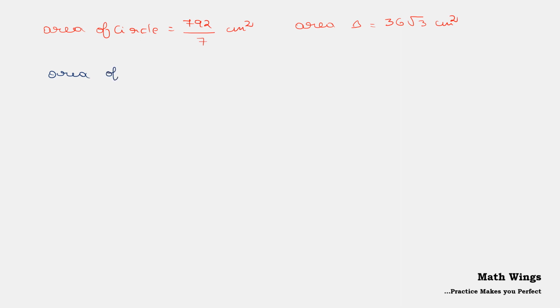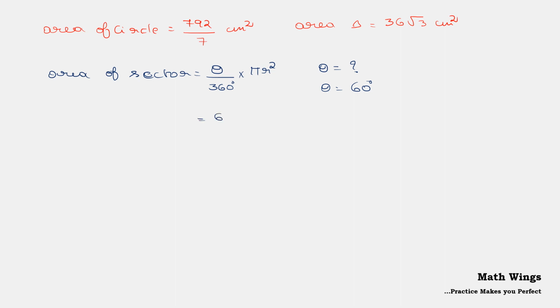So area of sector is equal to theta by 360 into pi r square. Now if you observe, theta is equal to how many degrees? Here observe that we have an equilateral triangle and it is at the center O. Therefore, theta is equal to 60 degrees, because we all know that an equilateral triangle has all angles equal to 60 degrees.